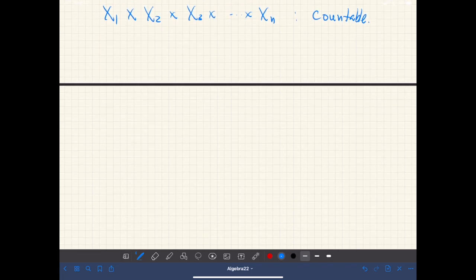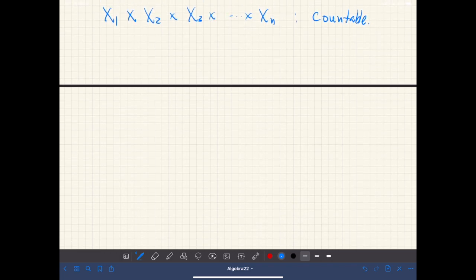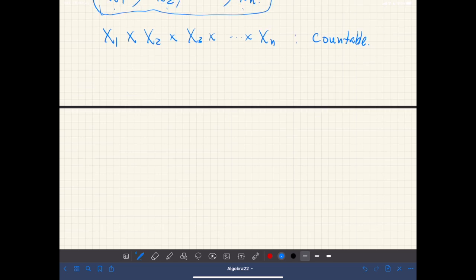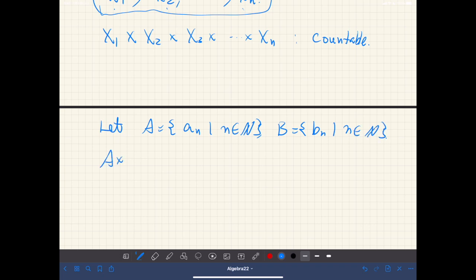So let's prove this. First, let's prove the Cartesian product of two sets is countable. So let A be a set like this, and B be a set like this. Then A times B, the Cartesian product between A and B, is the set of pairs (a_n, b_m), where n and m are natural numbers.